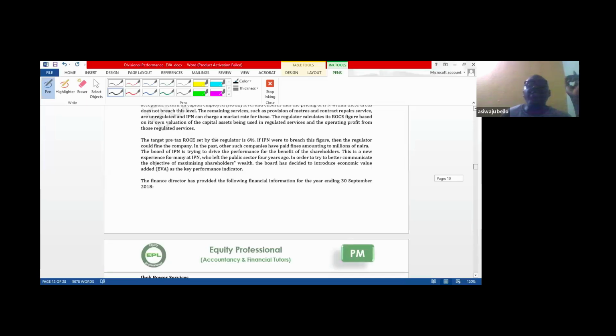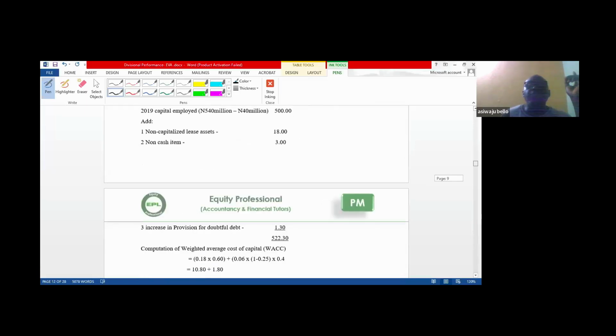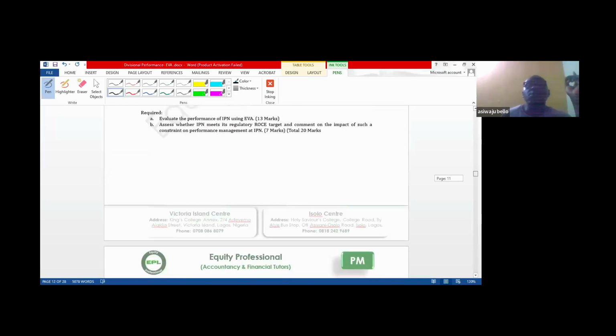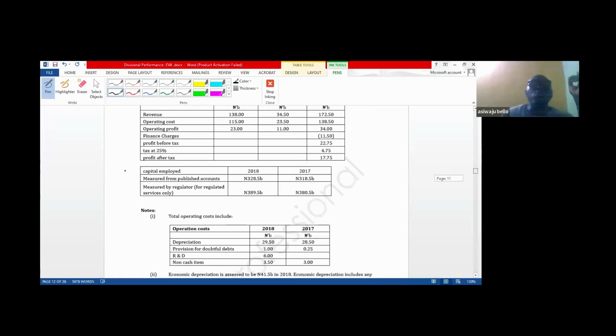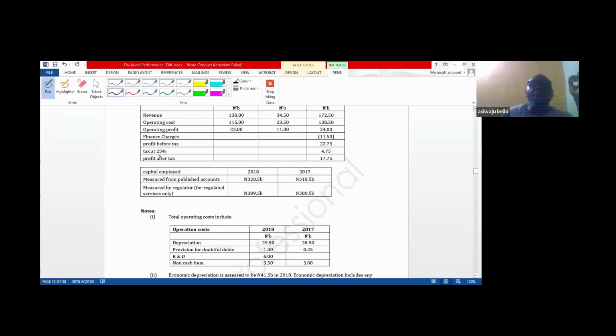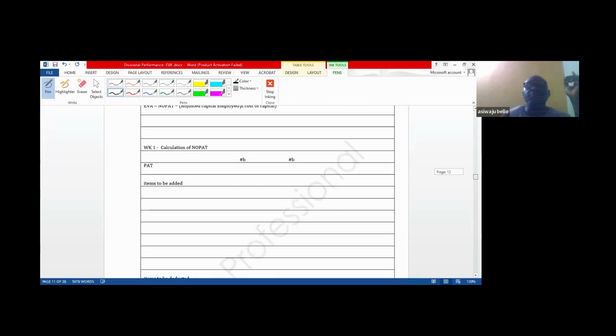Go to the question. Profit after tax, 17.75 billion. Pick this figure, 17.75.